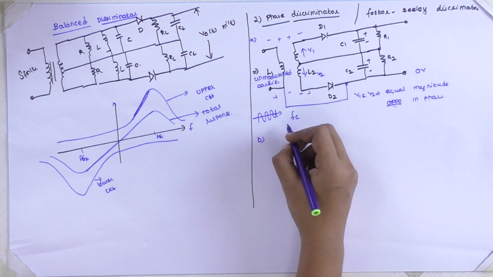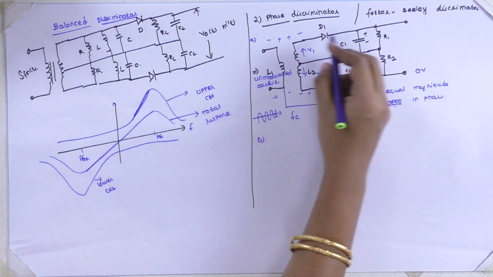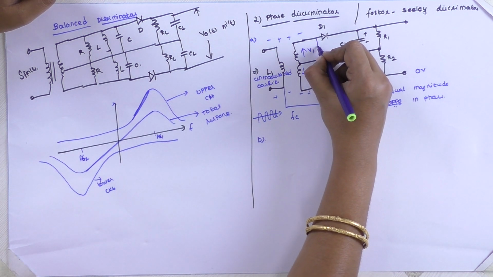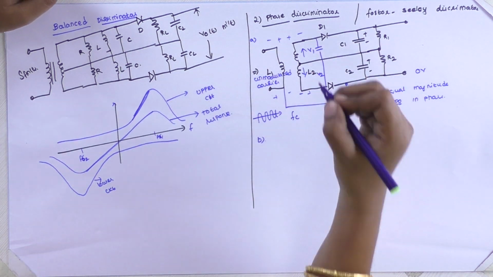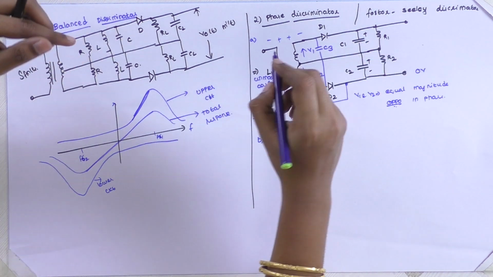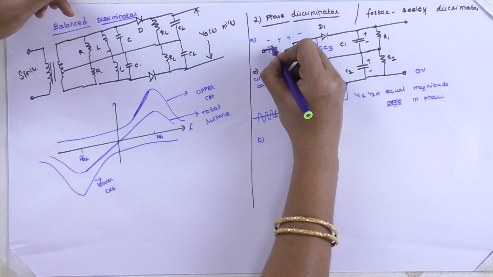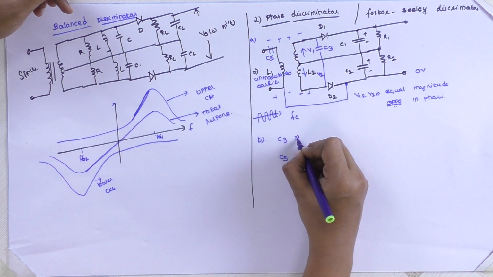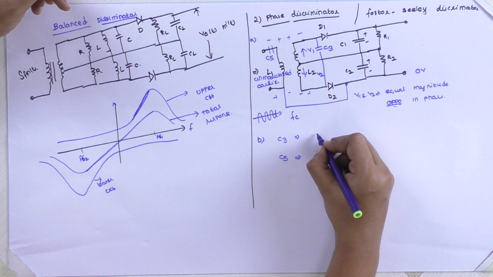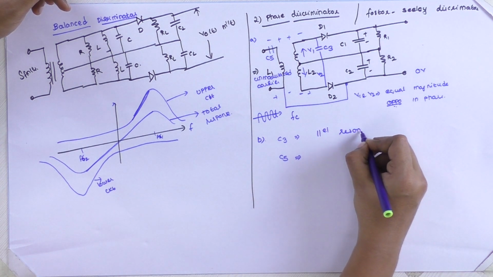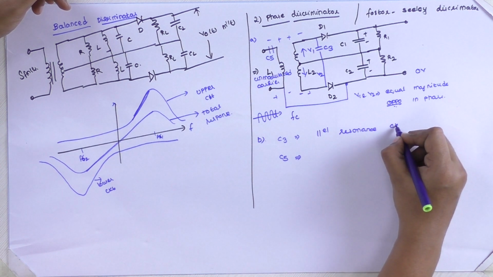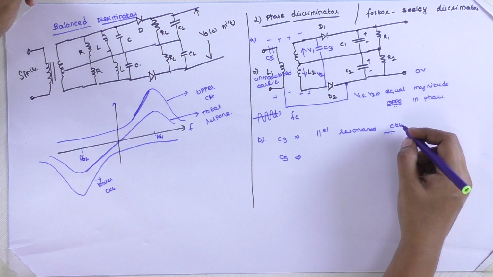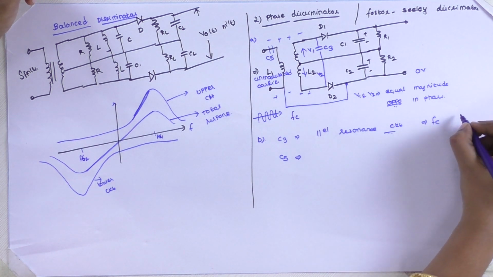Second, if we add two capacitors into the same circuit, let us add here one capacitor, we refer to it as C3, and yet another capacitor here, we refer to it as C5. What will C3 and C5 do? C3 will act as a parallel resonance circuit, that is, it forms a tuned circuit with resonant frequency equal to FC.